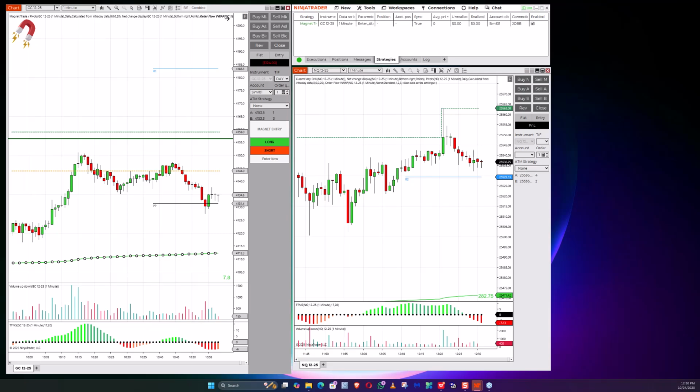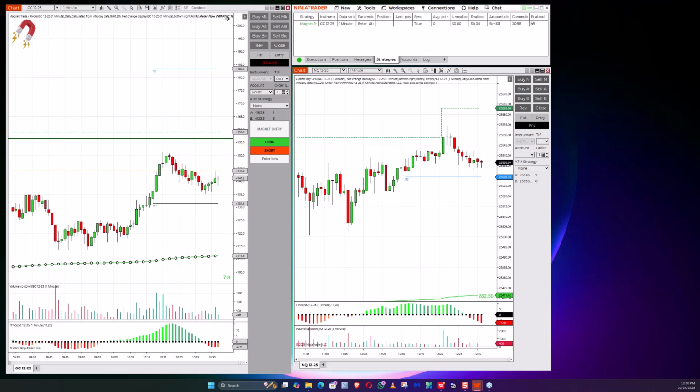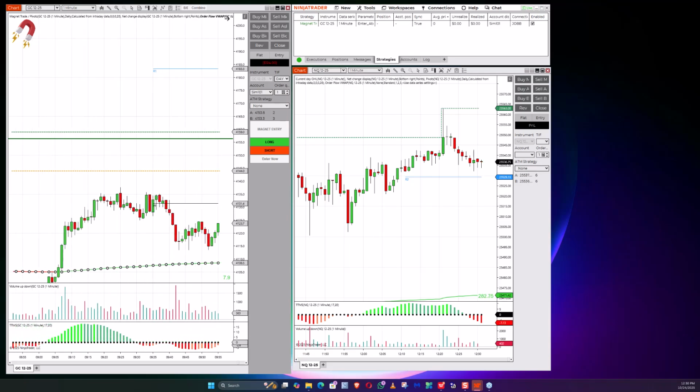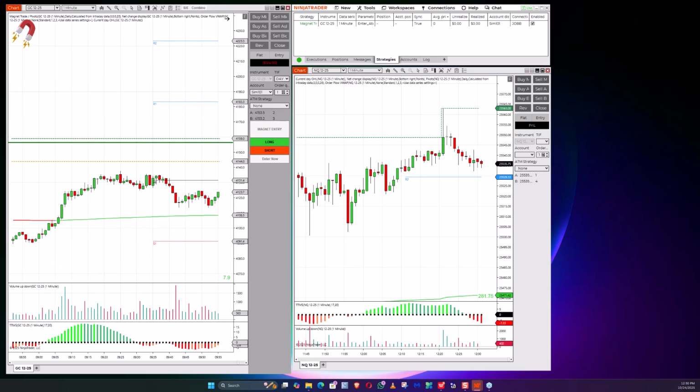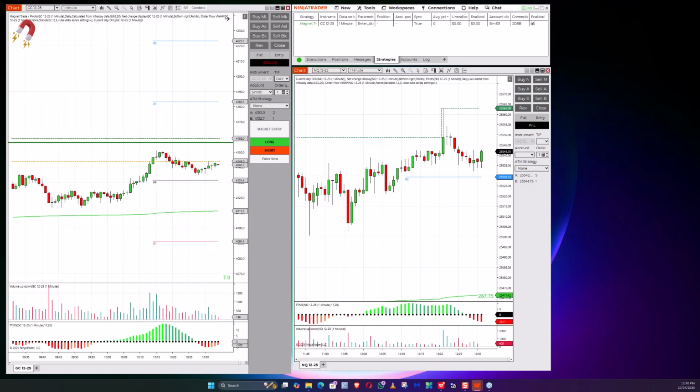This line down here, that's the VWAP, volume weighted average price. That's where it got tested this morning at 9 o'clock. Gold tested the VWAP. Lots of traders look at the VWAP as a line, and that line often gets tested throughout the day. Our strategy, the magnet strategy, has two systems right now built in.